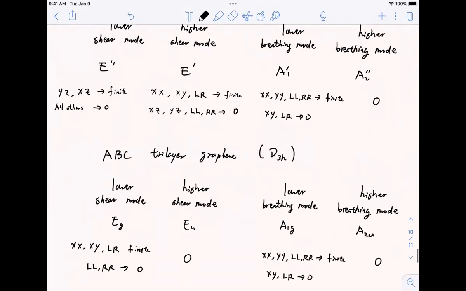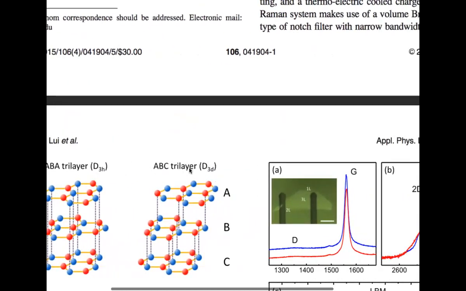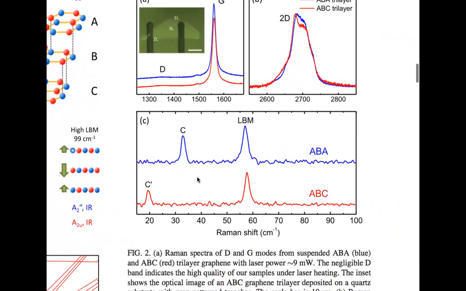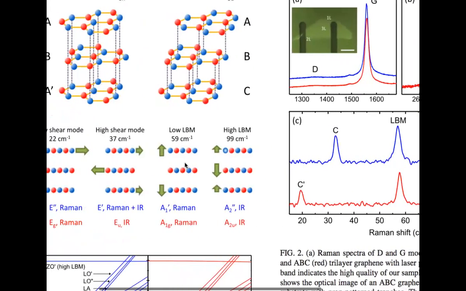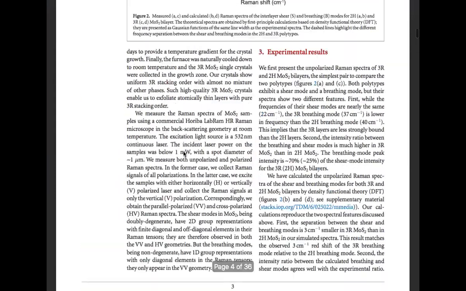I'm going to show you some more results. This is only related to graphene. And unfortunately, in this paper, I did not have the polarization resolved measurement to show you this. But we did another work in MoS2.